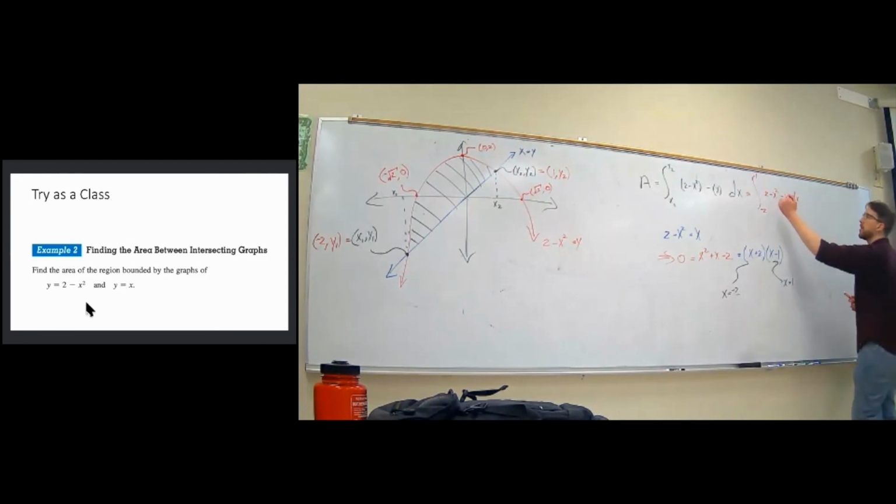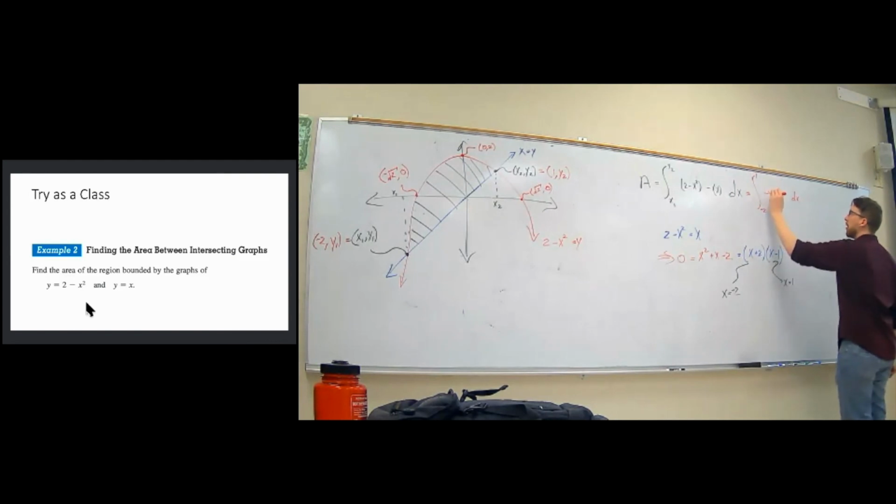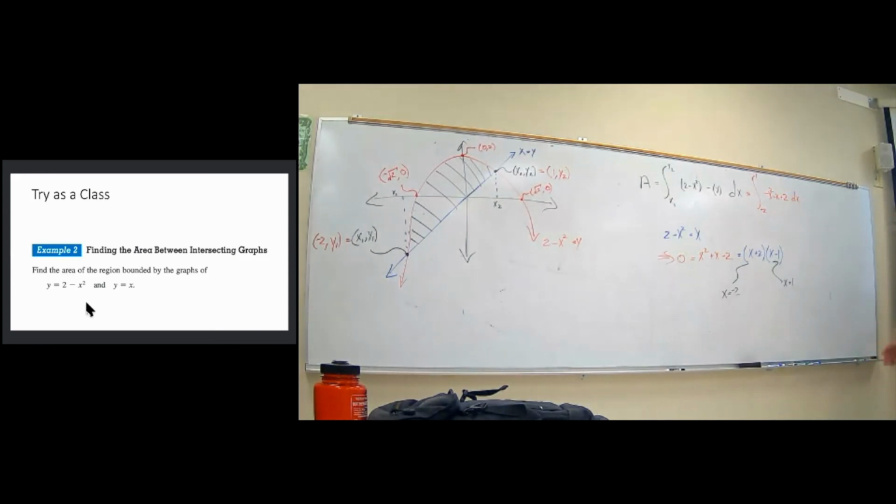Well, I like to write everything in order of degrees. So this is negative x squared minus x plus 2. Same thing, right?